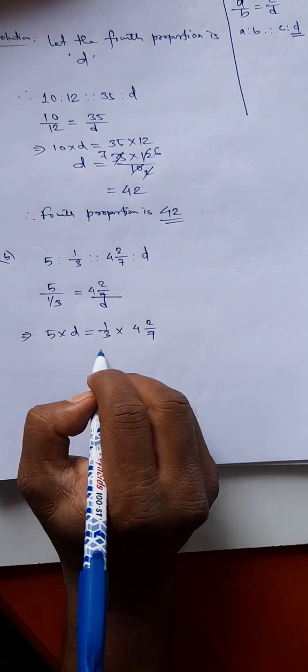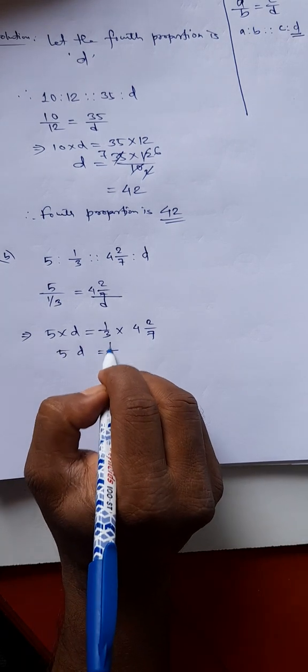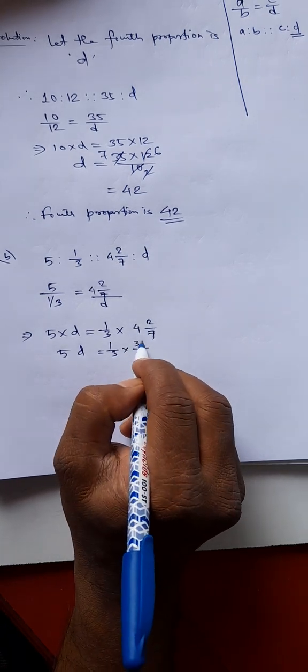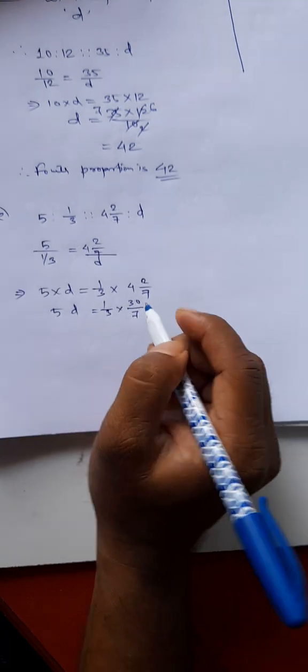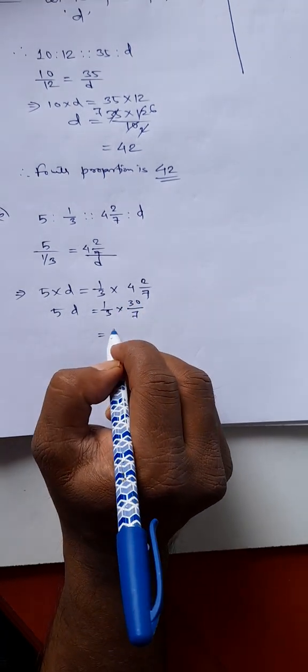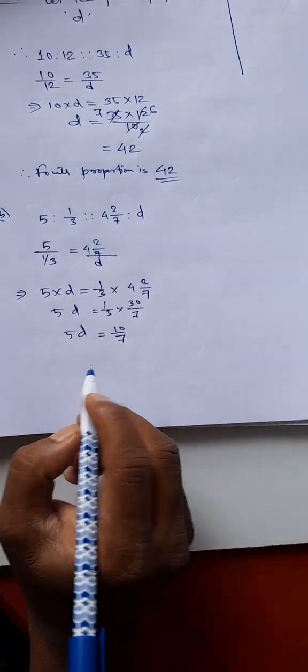Now let's simplify this. 5D equals 1 by 3 multiplied by (7 4s are 28, plus 2, 30) divided by 7. So this becomes 3 10s are 30, 10 by 7.